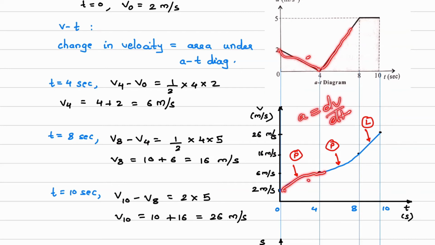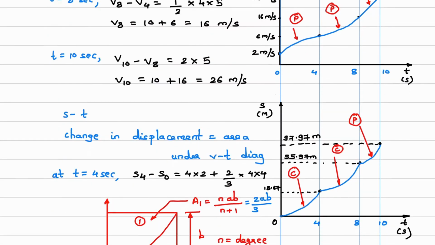Here, if you see this part, acceleration is increasing, so slope should increase in a positive way. Then the last part, acceleration is constant, so slope should be constant and it will be a positive value. So this angle is anti-clockwise, you can note over here. So this is about the VT diagram.